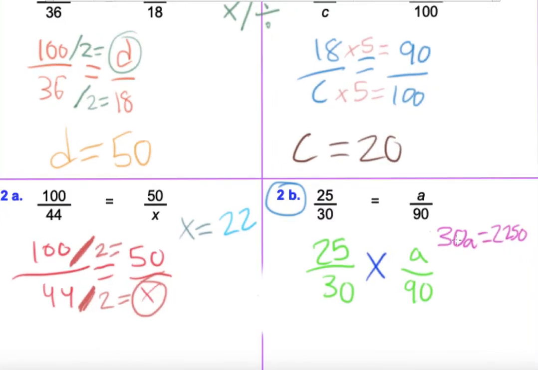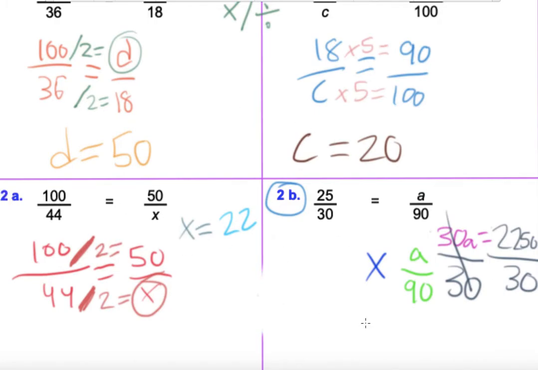There you go. I'm just gonna scroll so you can see. Here, 2250. Let me write that bigger. 2250. So now we're gonna divide. 30 divided by itself cancels out. So 2250 divided by 30 is going to give us our answer.